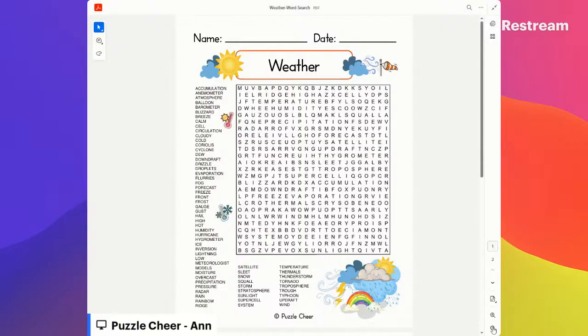Accumulation, anemometer, atmosphere, balloon, barometer, blizzard, breeze, calm, cell, circulation, cloudy, cold, Coriolis, cyclone, dew, downdraft, drizzle, droplets, evaporation, flurries, fog, forecast, freeze, front, and frost. We'll go over a few more of those words in a little tiny bit.